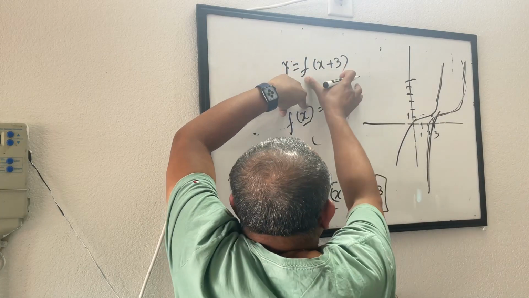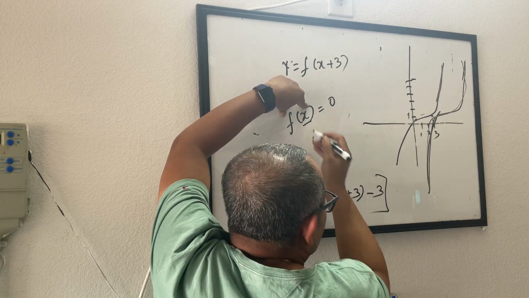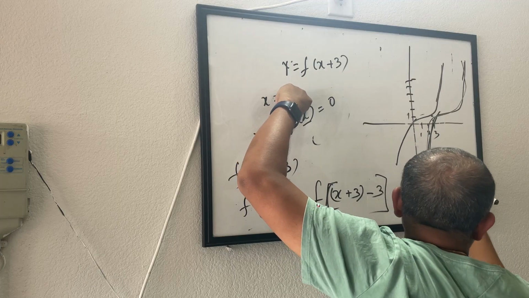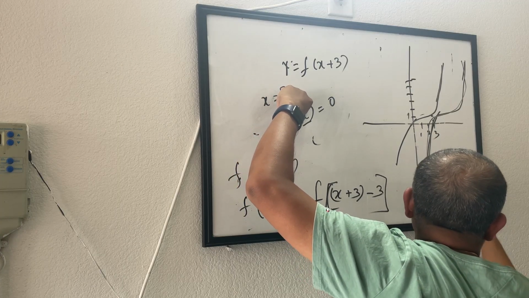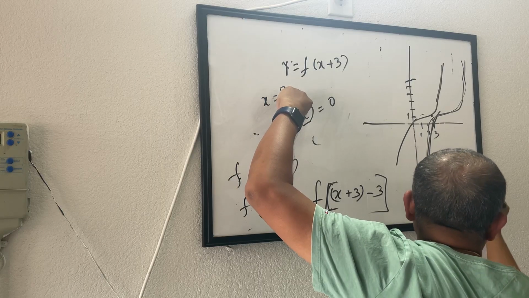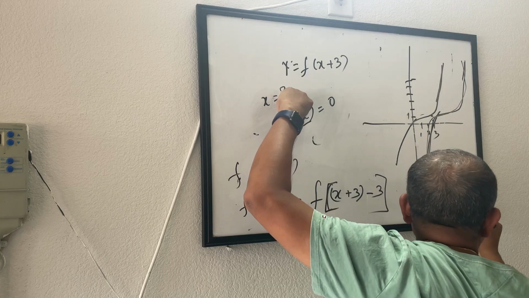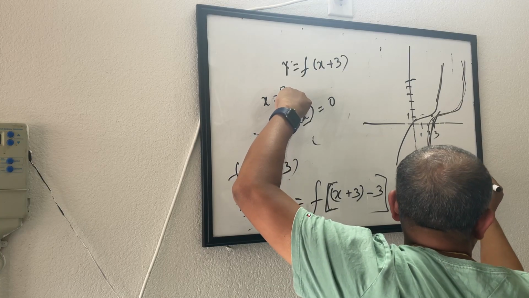Meaning from this function, inside the bracket I have to subtract a 3. And we know when we saw that f of x is given to us, if I do a plus or minus of something, it moves the graph up or down. If I do a plus, it moves the graph up. When I do a minus, it moves the graph down. So we are not talking about something that is outside this bracket of the function.